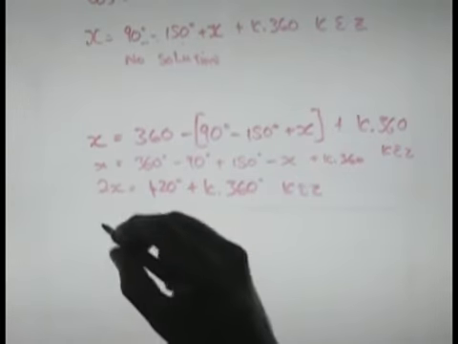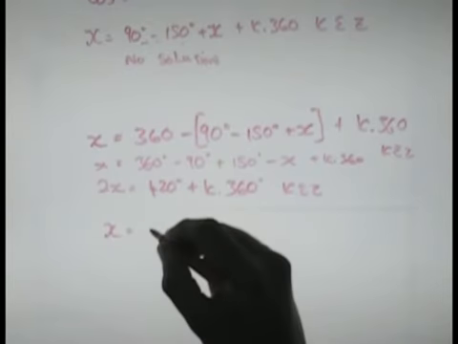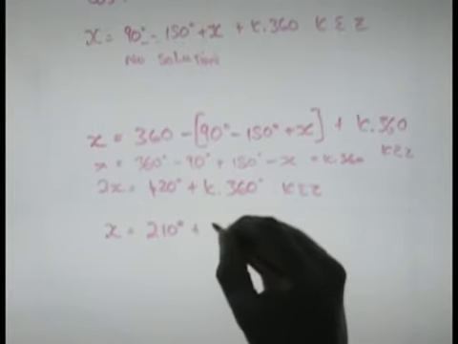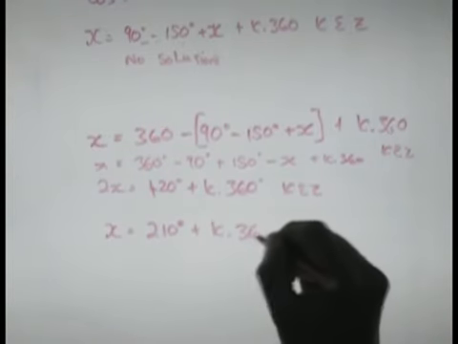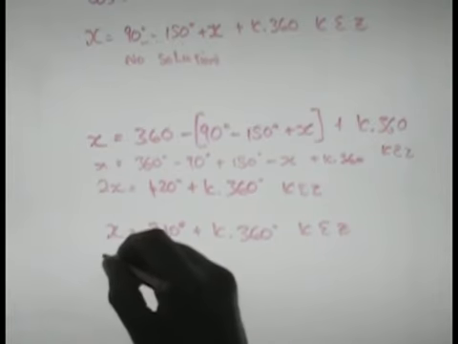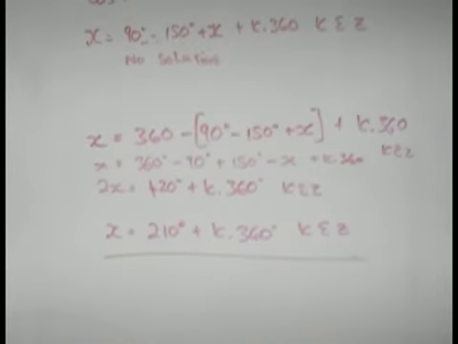If 2x is equal to that, then x is equal to 210 degrees plus k times 360, again k an element of integers. So there's only one real solution in this case as opposed to two.